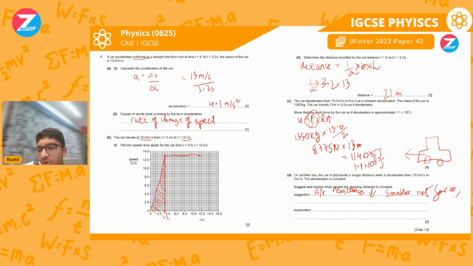Hence, because of the smaller net force, it takes longer to brake, so the braking distance increases. So that's our explanation.